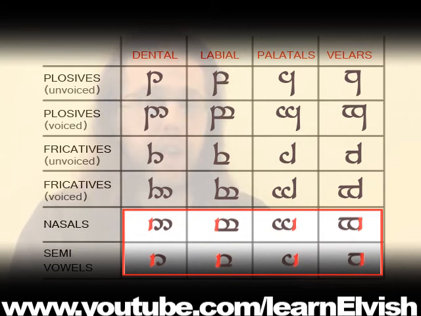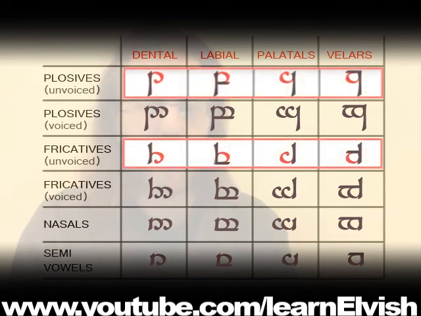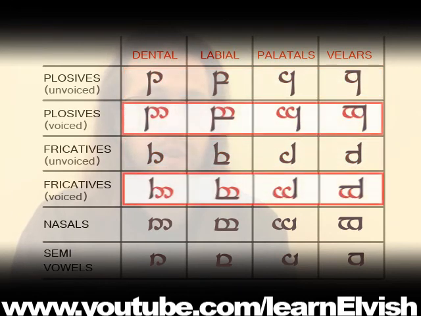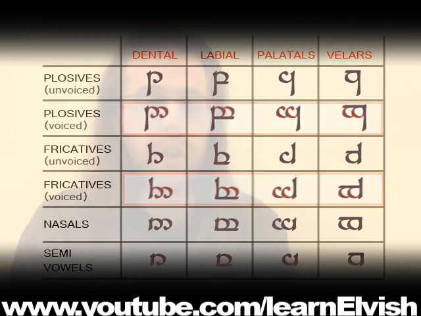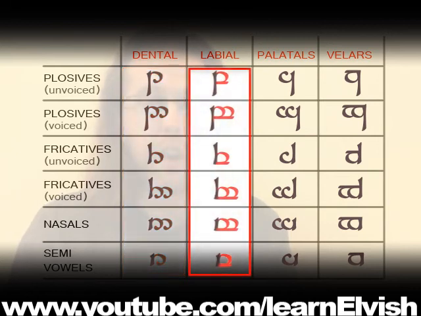But wait, it gets better. If we look at the unvoiced phonemes, they all have a single bow. This is known as a lúva, but again, we'll refer to it as a bow. Then, if we look at the voiced phonemes, they all have double bows. Then we notice all of the dentals have downward bows, whereas the labials have closed bows shown by a line underneath.